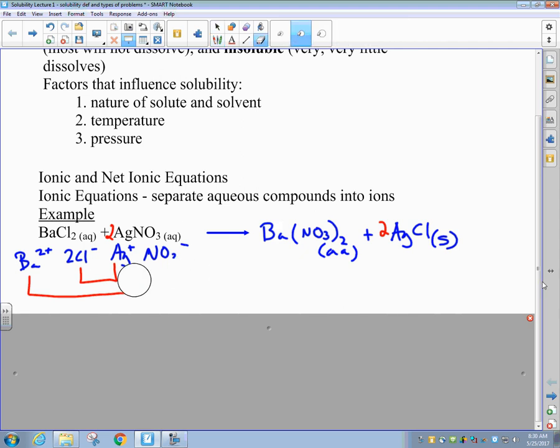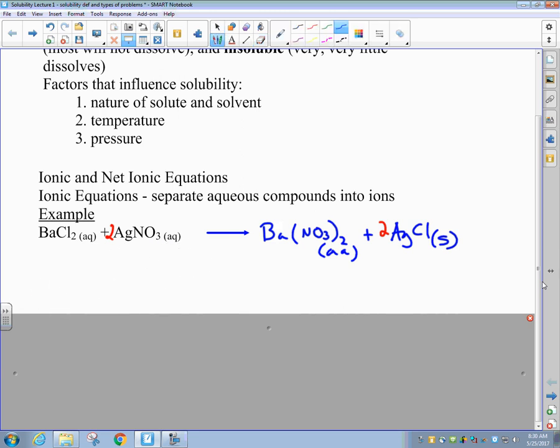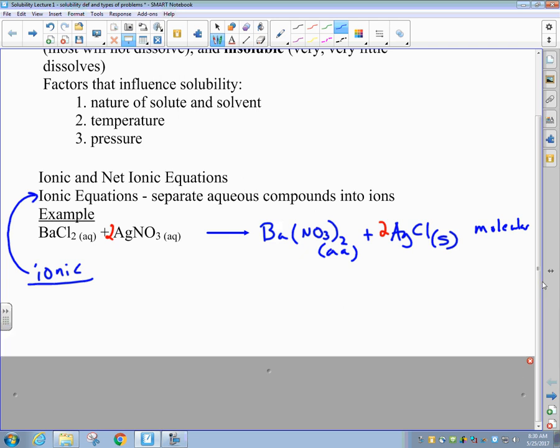All right, so that equation that we have written up on the board there with the new section of determining whether it's soluble or insoluble, this would be defined as our molecular equation. We now need to write an ionic equation. The ionic equation listed right here, separate aqueous compounds into ions.